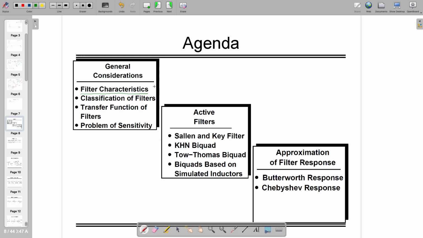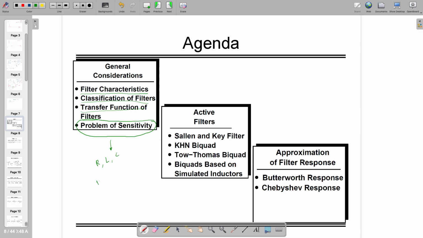Some of the things like band pass and low pass, all these classifications and their characteristics are already known to you. Even their transfer functions are also known to you. When I'm saying sensitivity problem, it means if there are components like R, L, and C, and I am changing those elements, how sensitive my transfer function is, because some of the components are there.